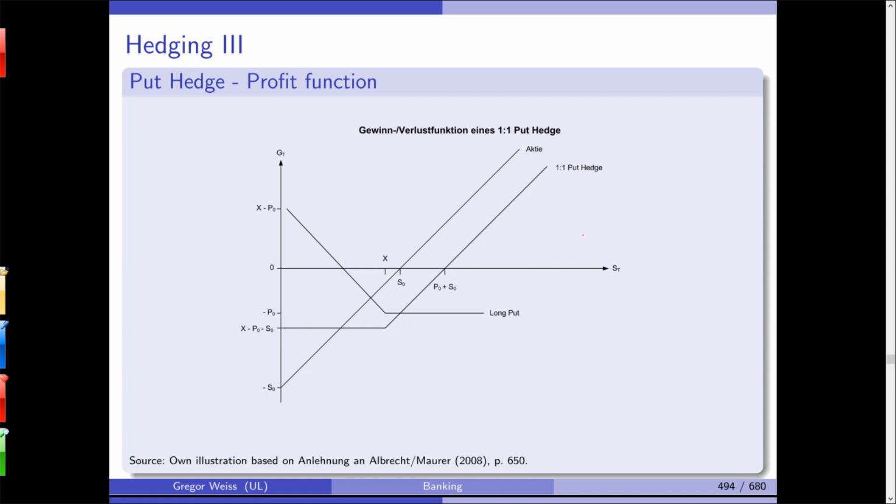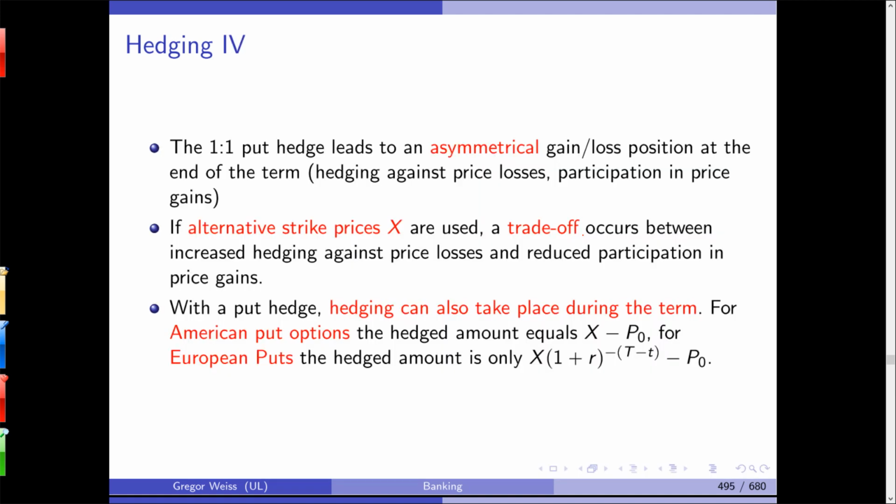That's the price we have to pay for the hedging effect. Okay, so a one-to-one put hedge leads to an asymmetrical gain-loss position. We get a hedging effect. We are hedged against price losses, and we do not participate in full in price gains.